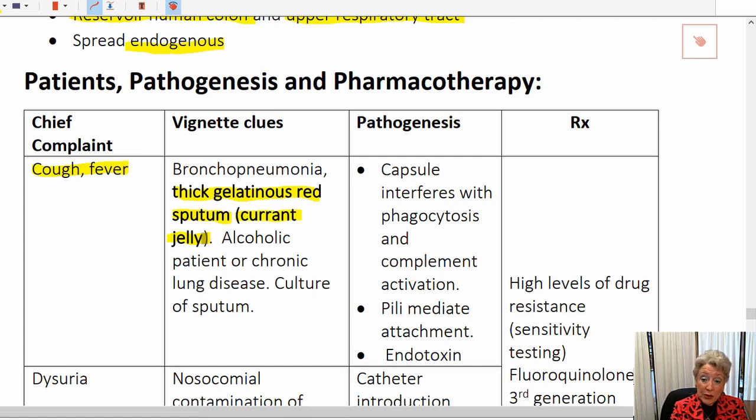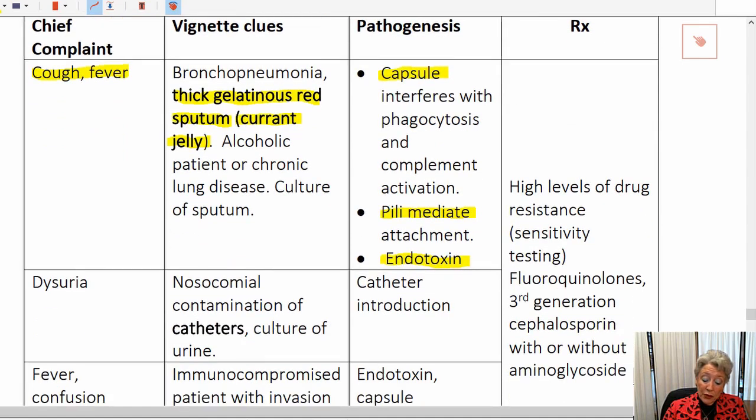It's because of the production of blood high up in the bronchial tree at the bifurcation, and as a result of that, you're getting little time for it to oxidize before it's coughed out. The capsule interferes with phagocytosis, has pili which mediate attachment, and if it gets into the blood, of course, endotoxin is a major problem for spread.